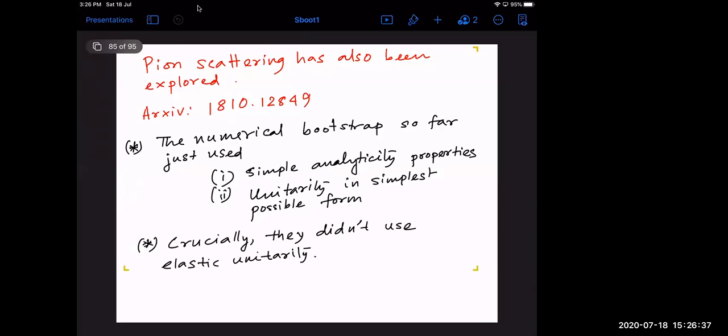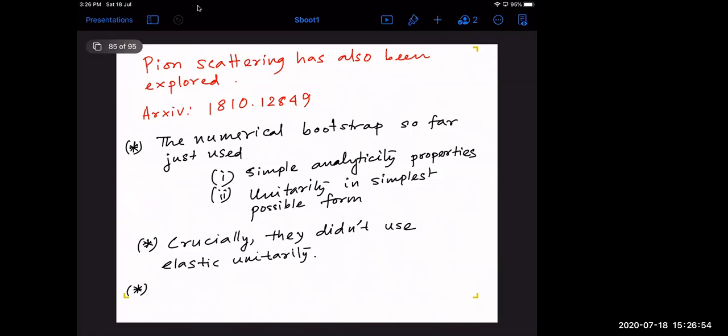To be precise, elastic unitarity and things like Aks theorem, they also did not use.